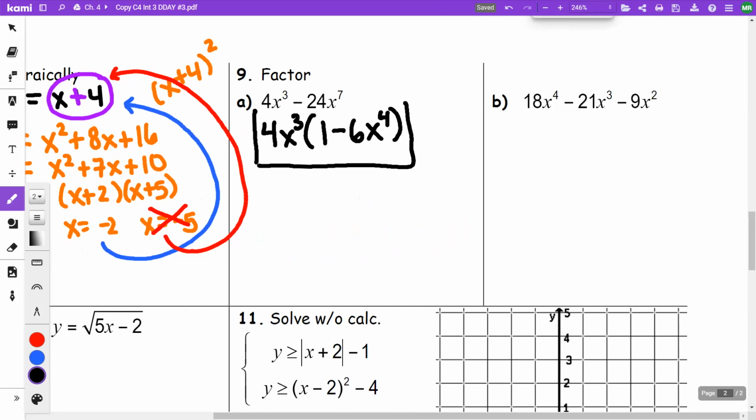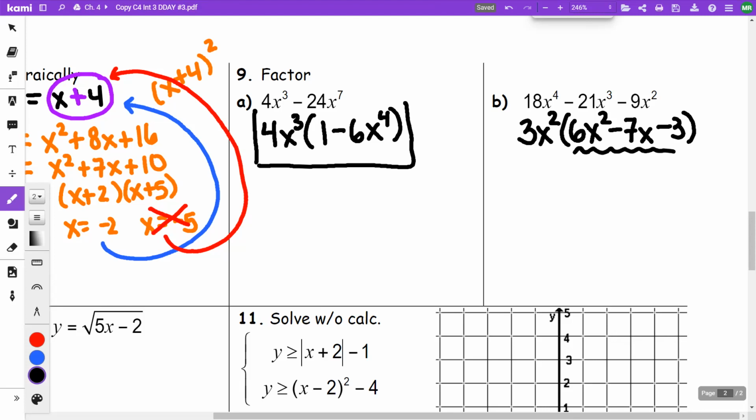Now on B, I'm going to factor out a 3 and an x squared. And when I do, I'm going to get a 6x squared minus 7x, because it was a 21, minus 3. For this one, I believe this time we can factor this further.